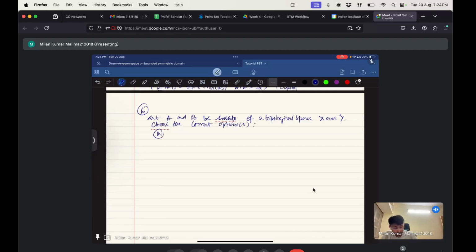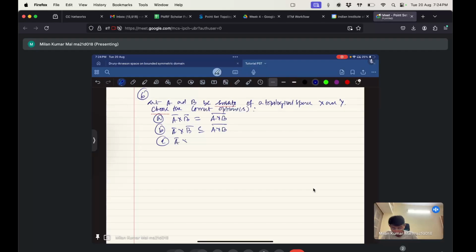What are the options? Option A: A closure cross B closure is equal to A cross B closure. Option B: A closure cross B closure is a subset of A cross B closure. Option C: A closure cross B closure is a superset of A cross B closure. And D is none of these.